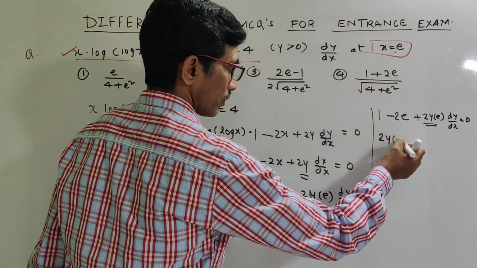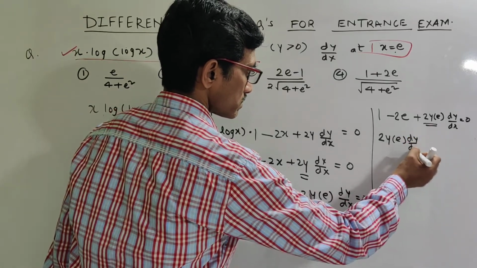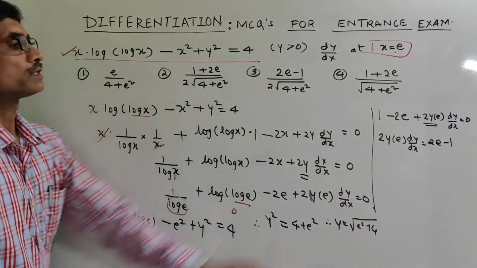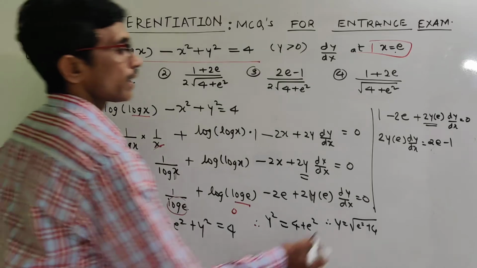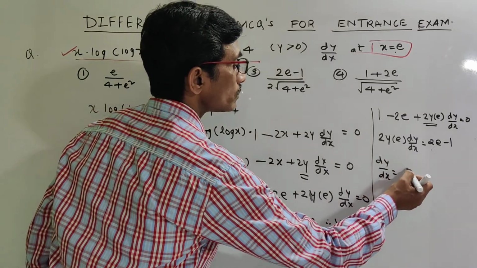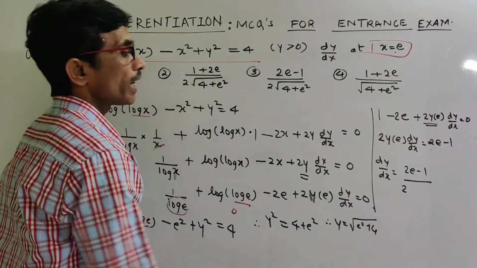Therefore 2y of e into dy by dx is equal to 2e minus 1. This we transfer to the right hand side, and dy by dx is equal to 2e minus 1 upon 2 times y.